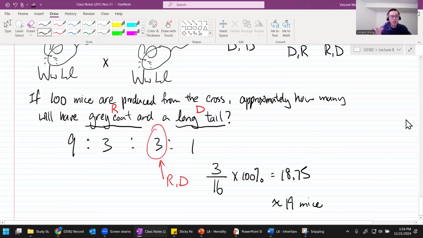You can use this 9-3-3-1 ratio as long as the parents are both hybrid for both traits. Otherwise, you have to do the Punnett square if it's some other situation. The Punnett square is not always going to be 4 by 4.